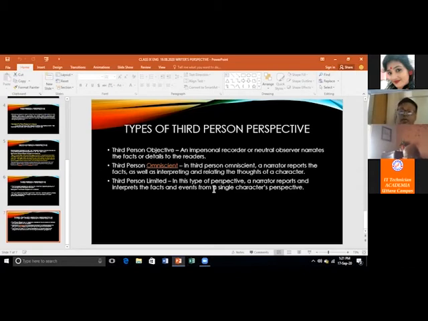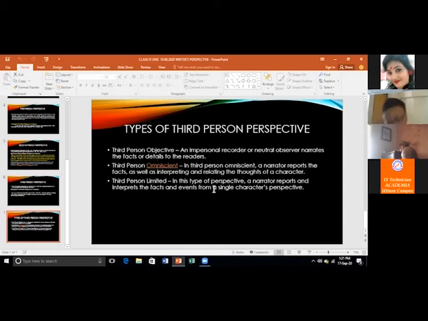And another one is third person limited. There is a little difference between third person omniscient and third person limited. In limited also, the writer expresses the thoughts and feelings of a character. But here the narrator narrates the thoughts and feelings of only one character, a single character.